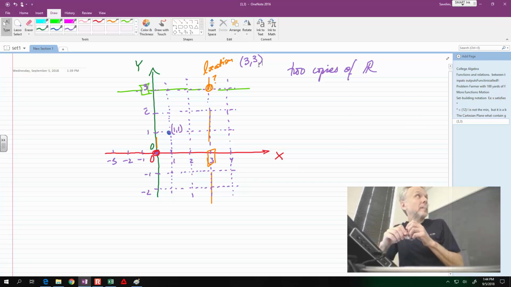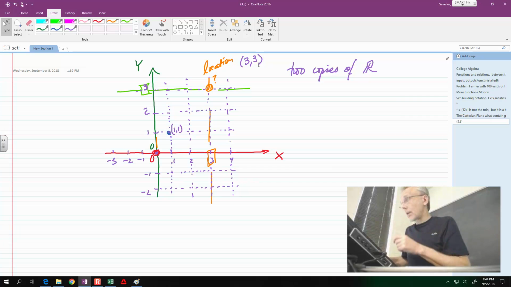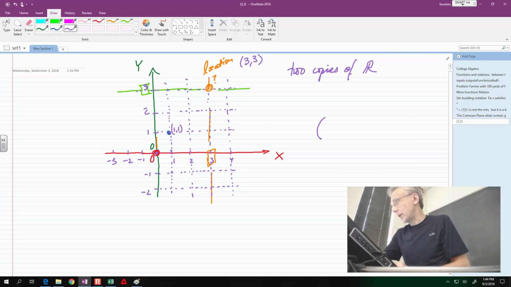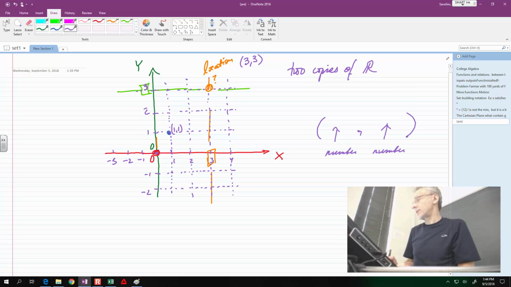So the coordinates of a point are given as a pair of numbers in parentheses always. So parentheses, a number, comma, the other number, and the other parenthesis that closes it.